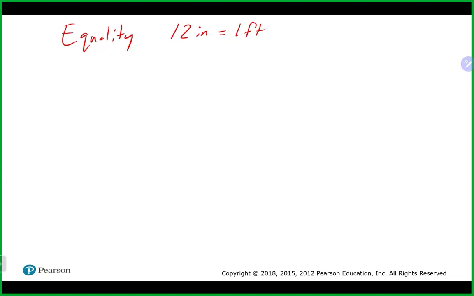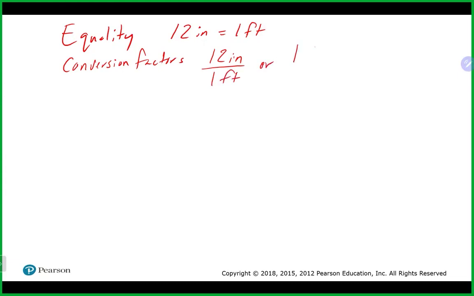And regardless of what type of equality you're dealing with, you could always write two conversion factors from any equality. And as we talked about, conversion factors are pretty much just fractions. So to write those conversion factors, we essentially just put one of the units up on top, like in this case, 12 inches, and the other unit on the bottom, like 1 foot.